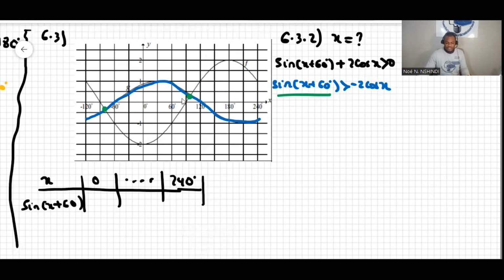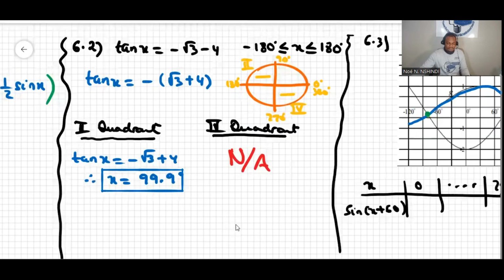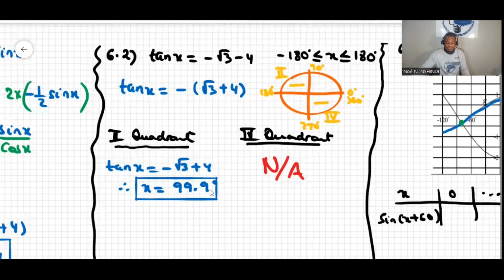So it means where sine of x plus 60 degrees equals negative 2 cos x. We worked it out previously. If you look at the previous question, we got this answer here, 99.9 degrees, and the negative value was minus 80.